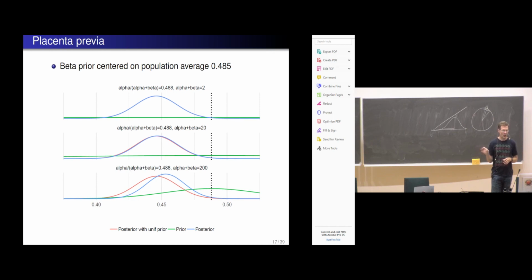If we now add a prior centered on known general population average, so 0.485, you can see how this prior gets narrower when alpha plus beta gets larger, and how then the posterior starts to get towards our prior.